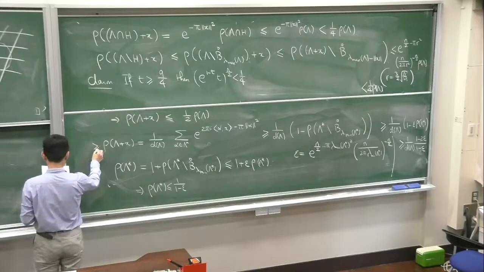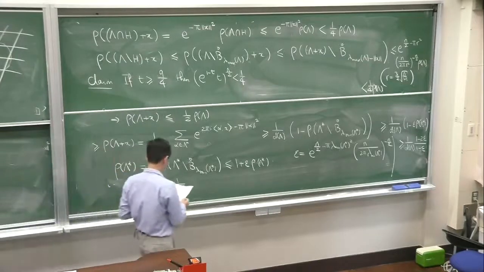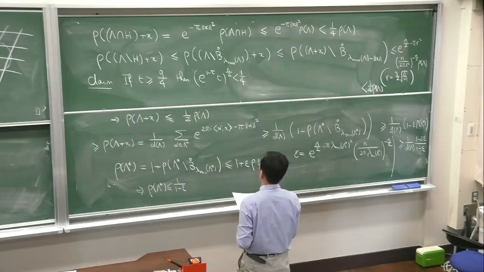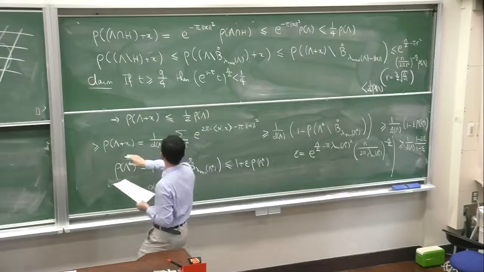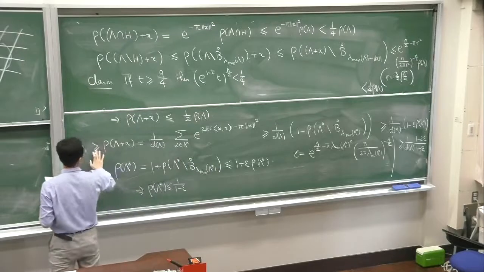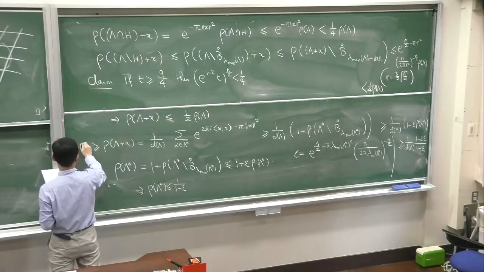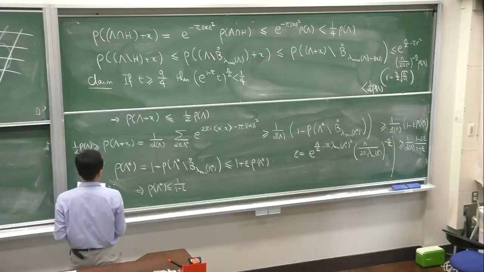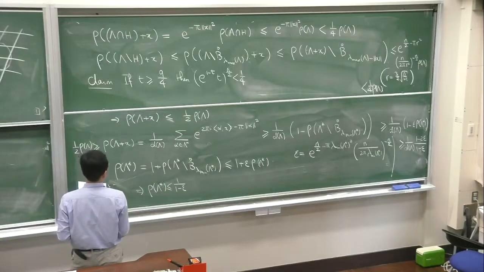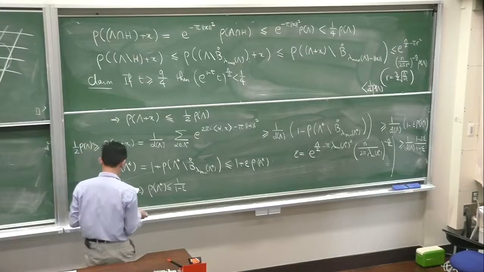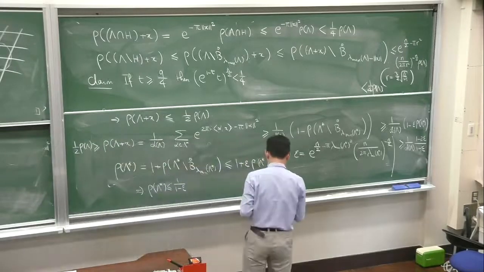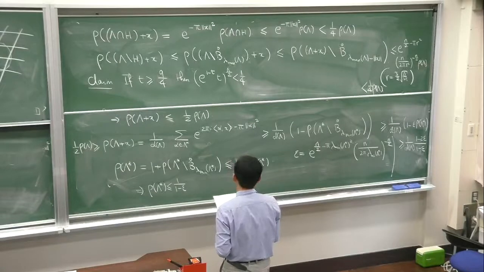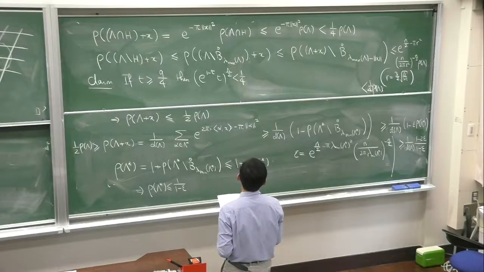So you know that this one is bounded from above by 1/2 of rho of lambda.